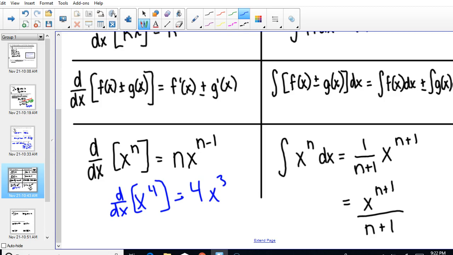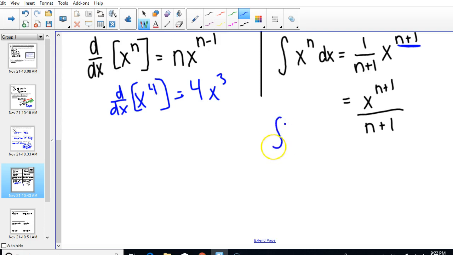To integrate, our rule is the opposite of that. The first thing we would do is increase the exponent by 1, which we see right here. And then we would divide out front by whatever number that was, that n plus 1. So here, if we're going backwards, if we are integrating 4x to the 3rd with respect to x, then we would increase that exponent by 1, and then out front, that 4, we would have to divide it by this new exponent, which is 4.